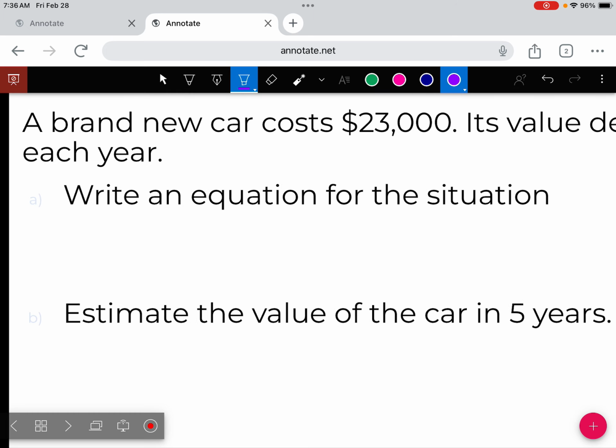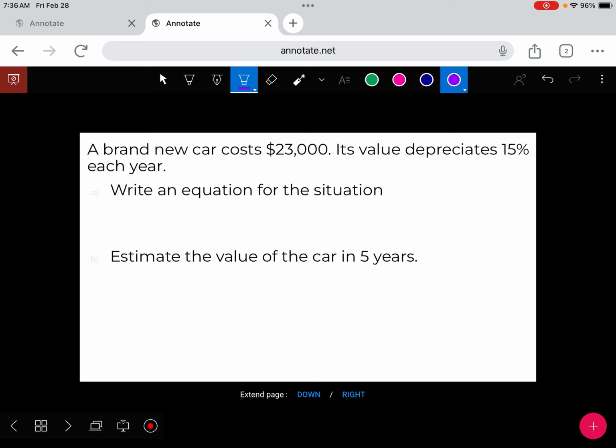Oh, fun. So we've got this brand new car that's costing $23,000. And its value depreciates 15% each year, which is honestly right about average for car depreciation. Does depreciate mean get bigger or get smaller? Smaller. This is not going to be growth.